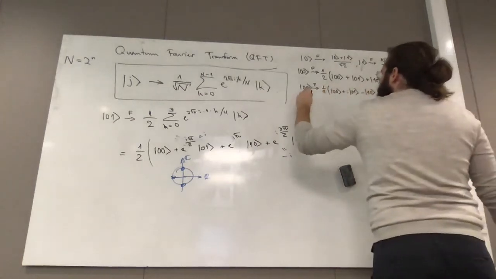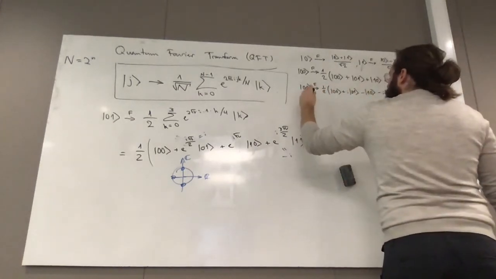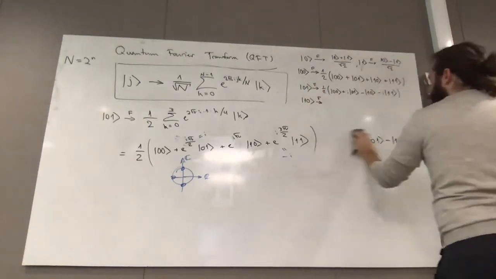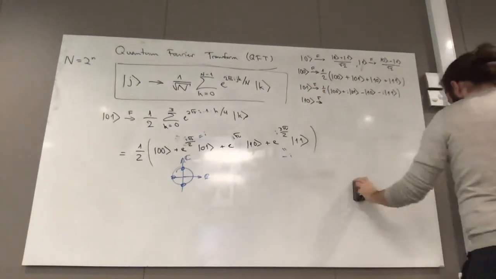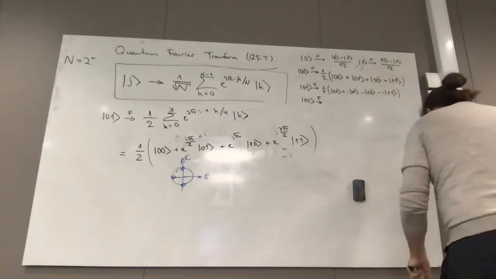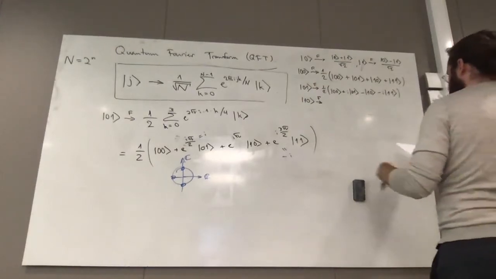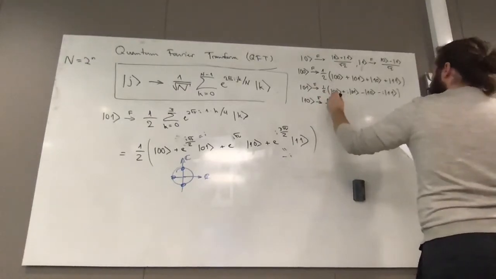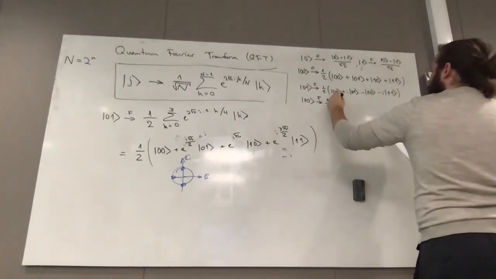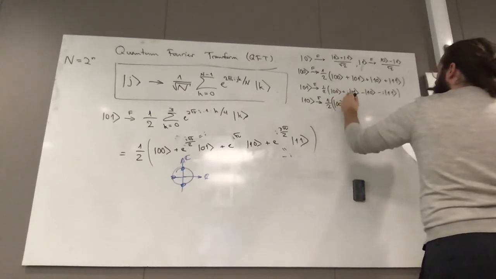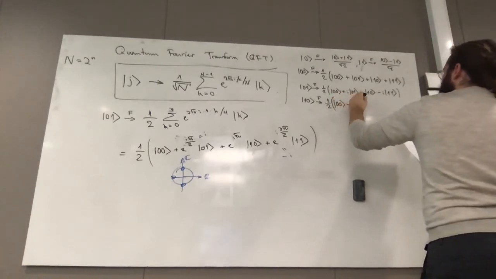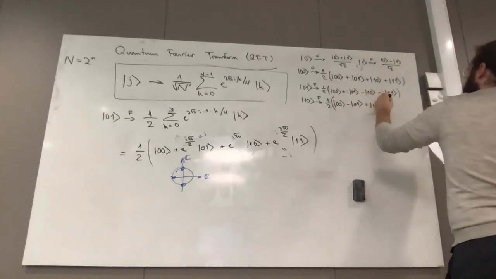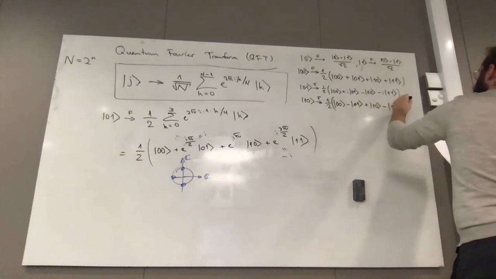Third one. So I'll wipe this. It's a lot of writing, but I promise I have a point with this. This becomes |0,0> minus |0,1> plus |1,0> minus |1,1>.